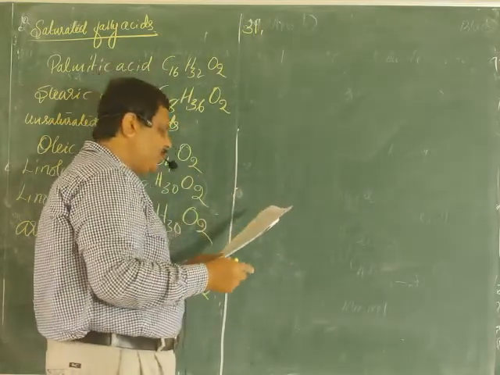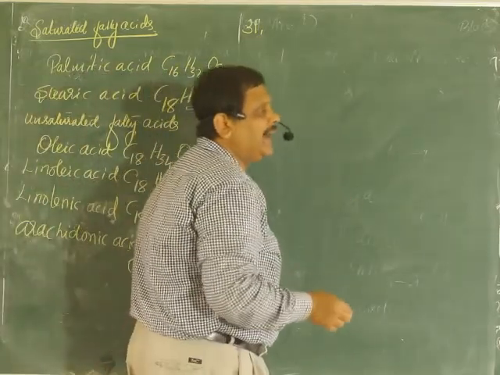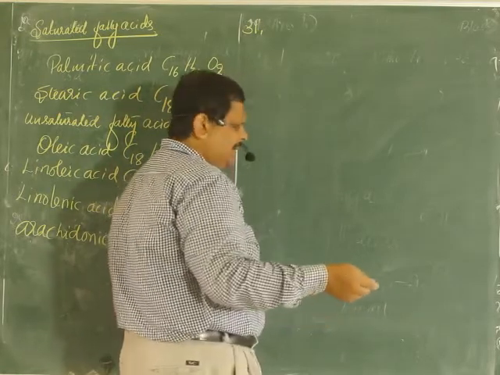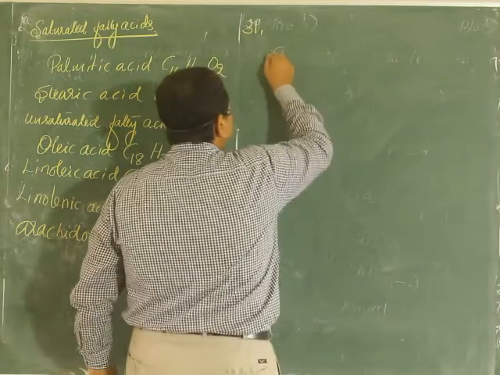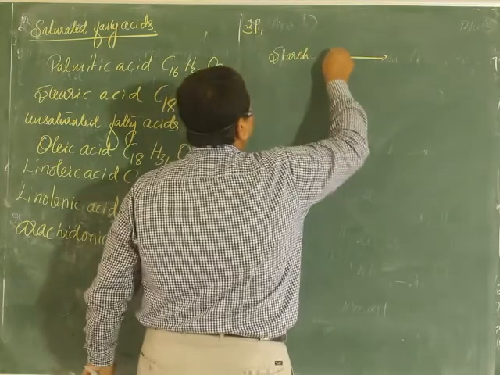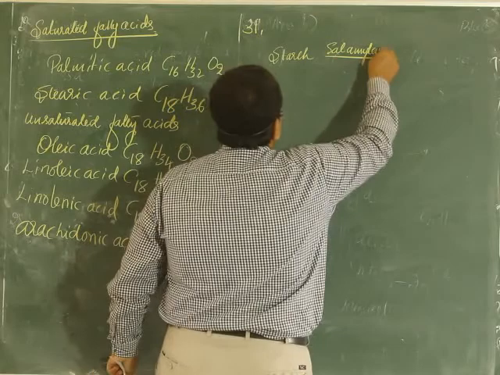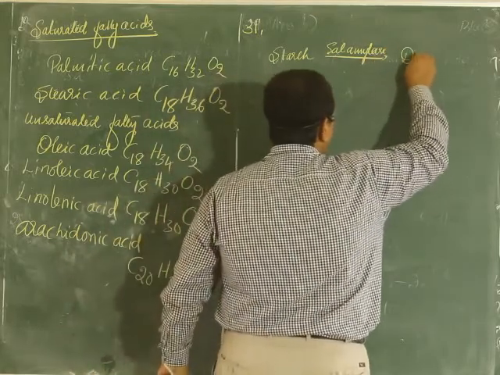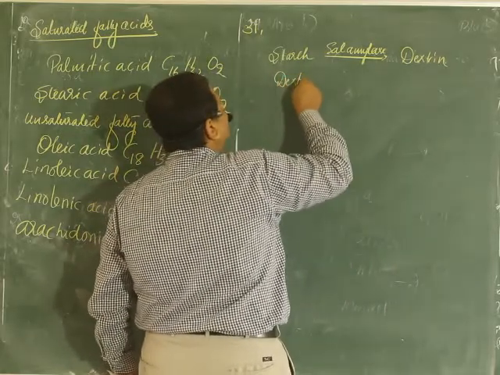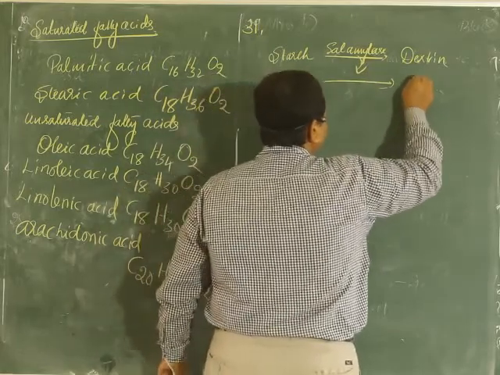So, for example, I will give an idea. Starch, when it is acted on by salivary amylase, is converted into dextrin. This dextrin, by the action of salivary amylase itself, will be converted into simpler sugars.